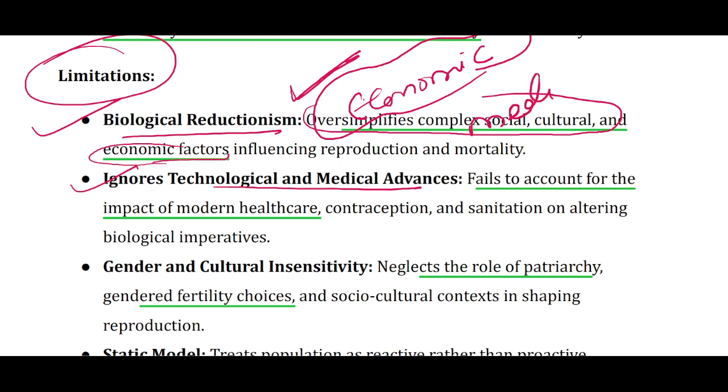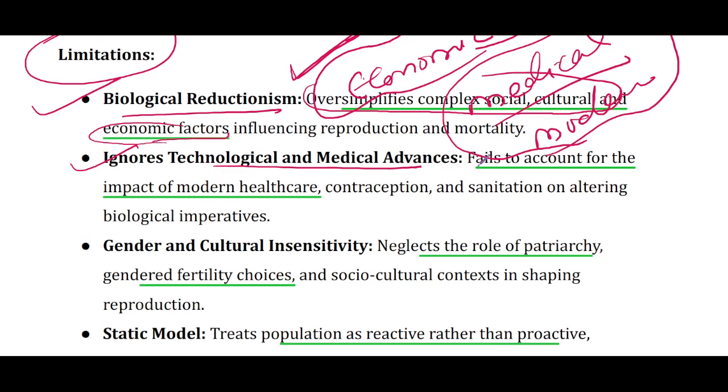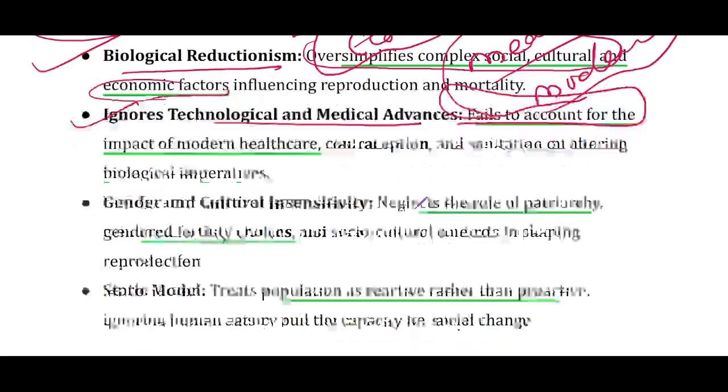Medical advancements such as IVF, surrogacy, and other tools of modern healthcare can also work against vulnerability to disease and the issue of mortality. So these factors have not been taken into account.